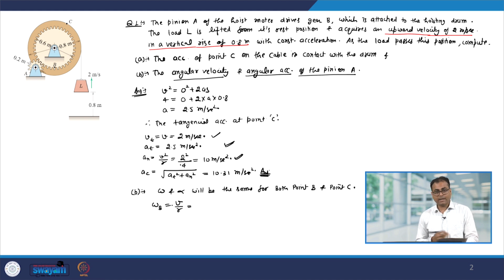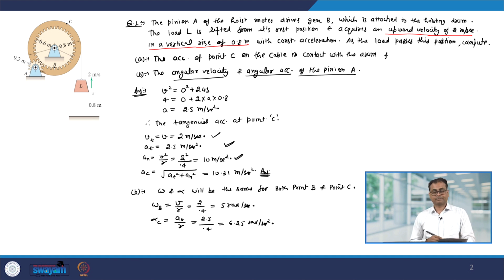Now, the velocity at point C is 2, and the radius is 0.4, so that comes out to be 5 radian per second. Similarly, the angular acceleration at point B or C will be a_t divided by r. Now, at point B it is 2.5 divided by 0.4, so it comes out to be 6.25 radian per second square.